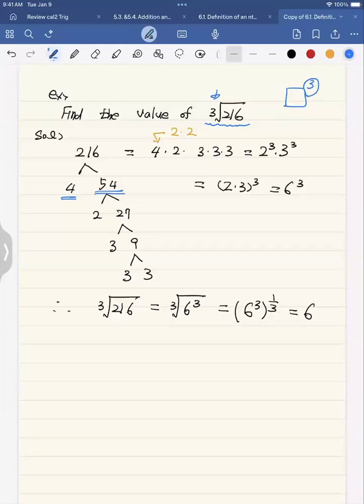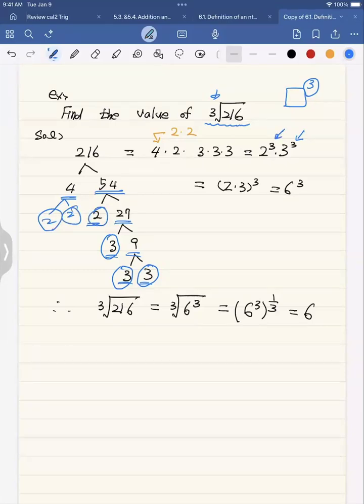That can be decomposed into 2 times 27, and 27 is 3 times 9, and 9 is 3 times 3. In this factorization, 3 appears 3 times. 4 is 2 times 2, so 2 appears 3 times.